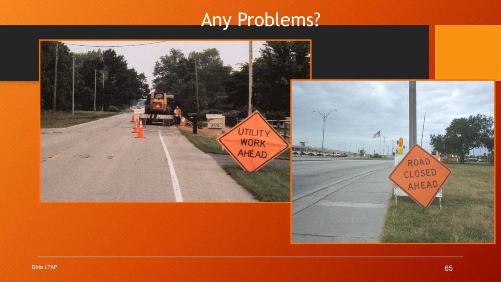And also, is it a low volume road or not? So you could give me a speed limit and yes or no, as in no, it's not low volume, or yes, it is low volume.